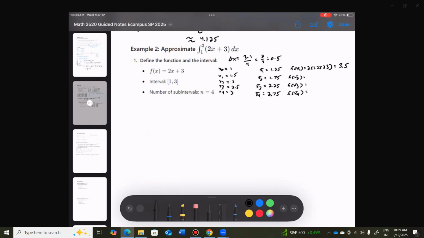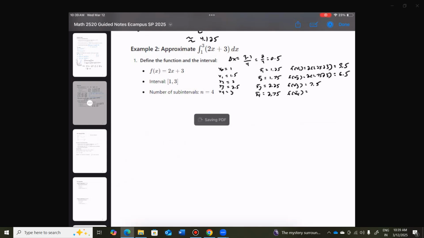And then 2 times 1.75 plus 3. Let's see. That would be 3.5, that'd be 6.5. Okay, 2 times 2.25 would be 4.5 plus 3 would be 7.5. And then 2 times 2.75, which is going to be 5.5 plus 3 would be 8.5.